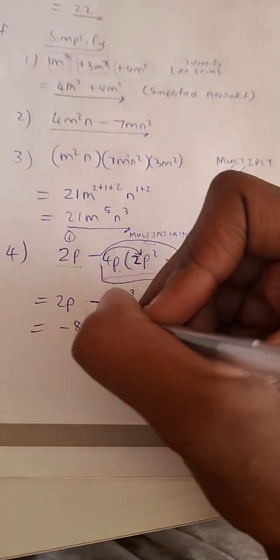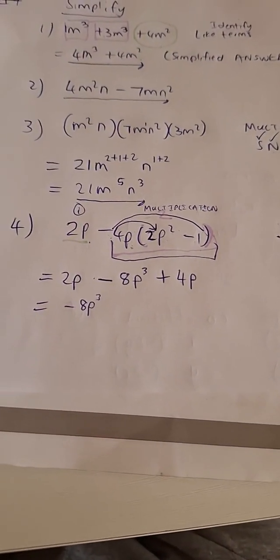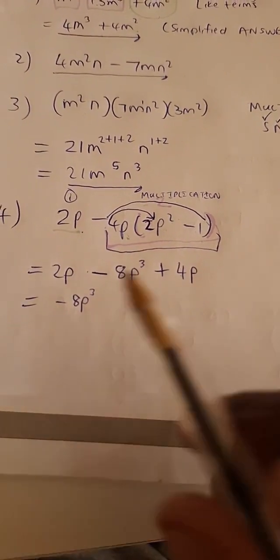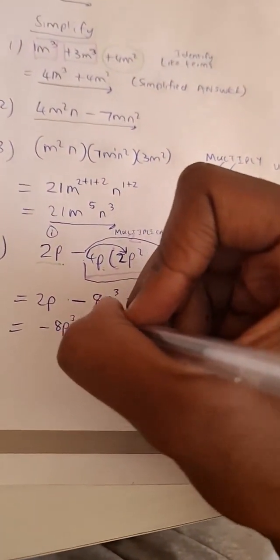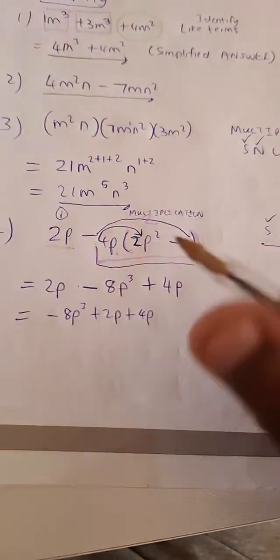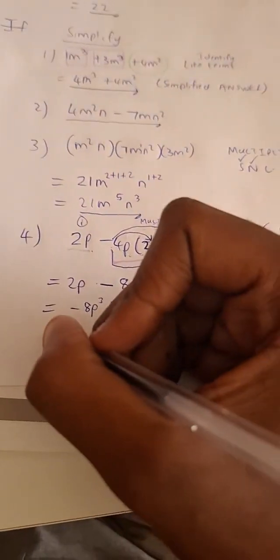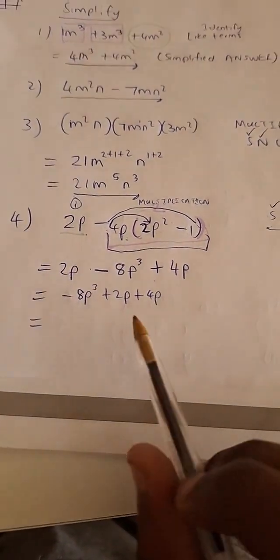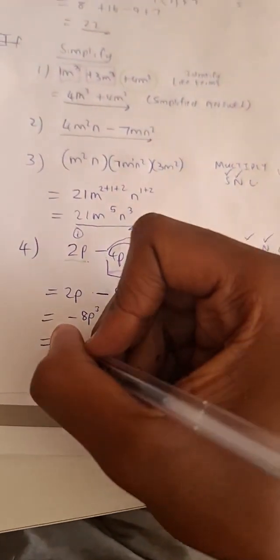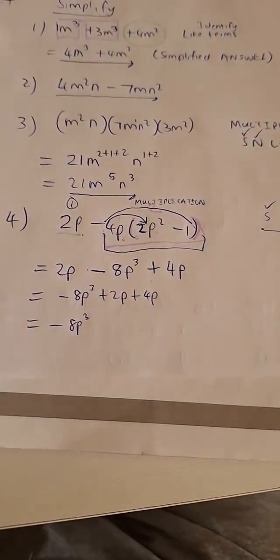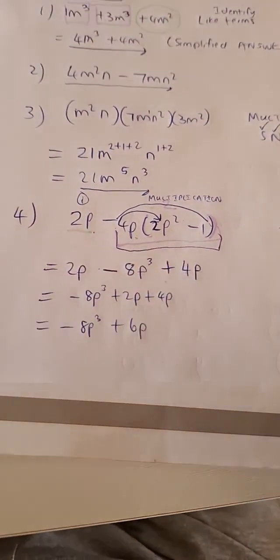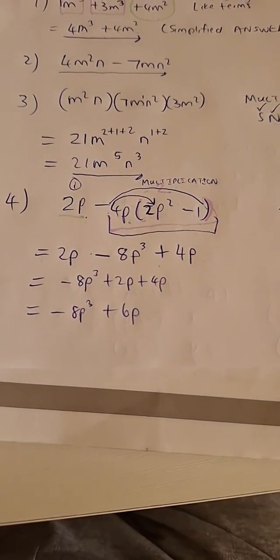So, negative 8p to the power 3 is followed by a positive 2p, plus a positive 4p. Let's add these like terms and write down our final answer. The final answer is negative 8p to the power 3 plus 6p.